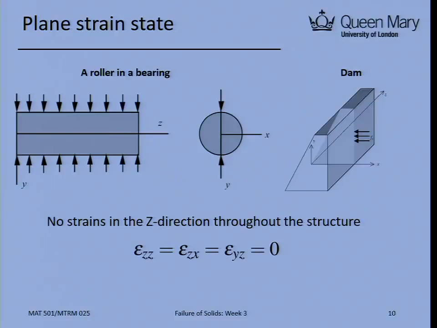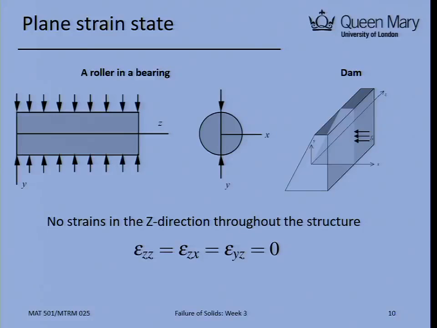Mathematically, look at the bottom part: epsilon zz is equal to 0, and any shear part which has a z component should equal 0. To give you an example, take a roller in a bearing. The horizontal line is the thickness direction.